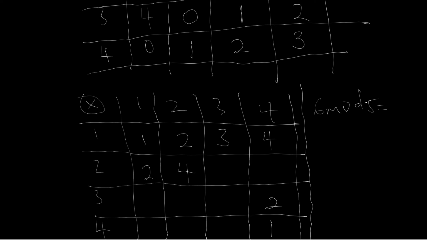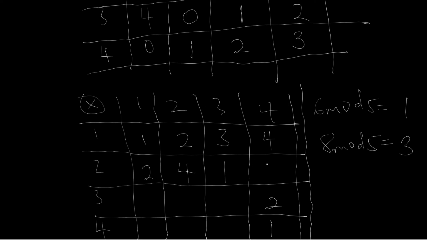So 6 divided by 5 is 1 remainder 1. So you write the remainder. 2 times 4 is 8. Now 8 modulo 5 is 8 divided by 5, which is 1 remainder 3.